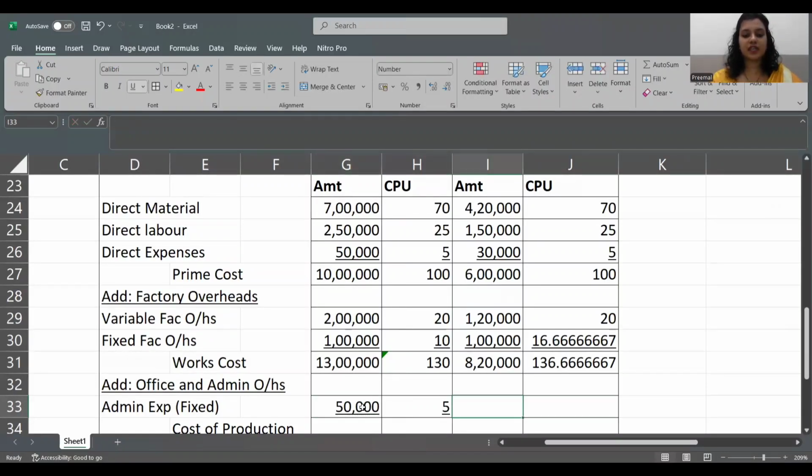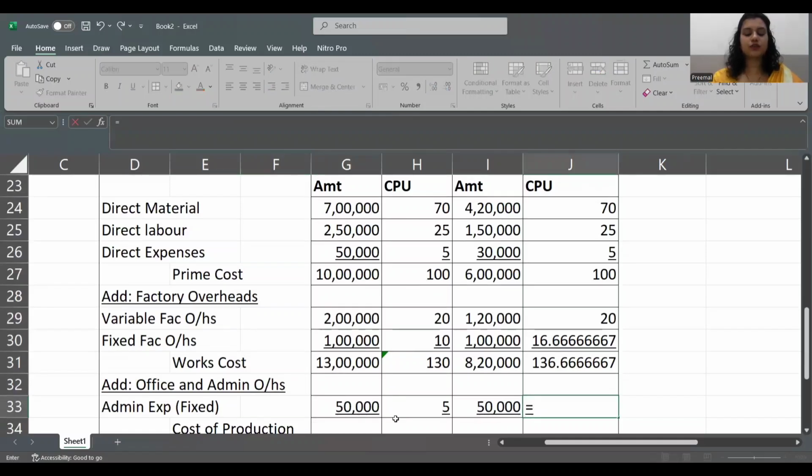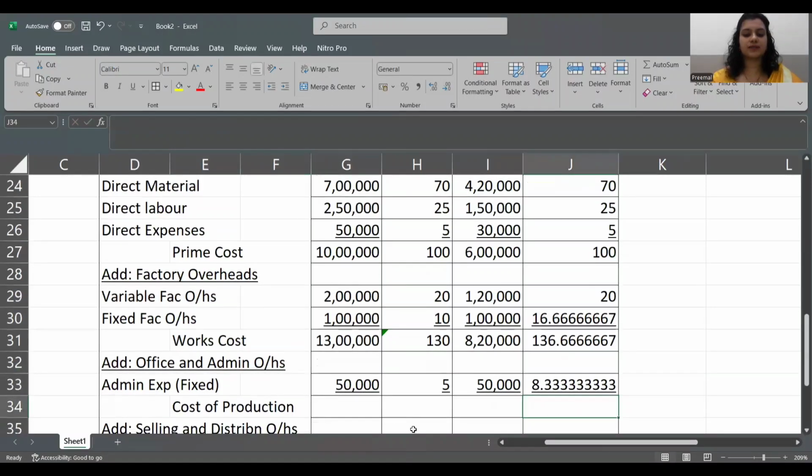Now, since this is a fixed expense, the amount of 50,000 will remain the same even under 6,000 units. To find out cost per unit, I take my amount and divide it by the number of units. And this added to your works cost gives you cost of production.